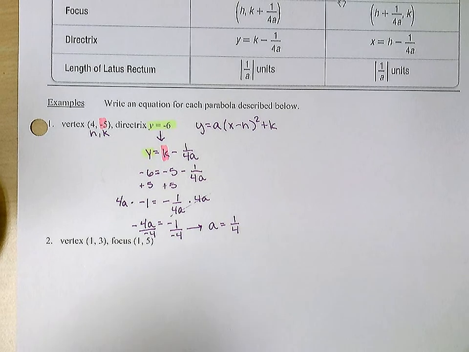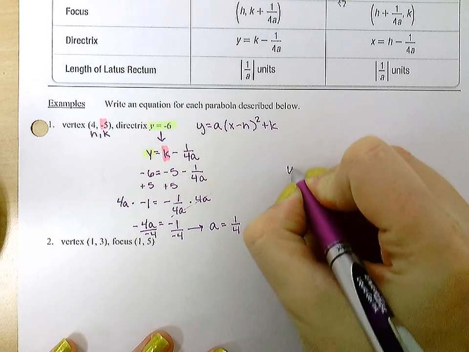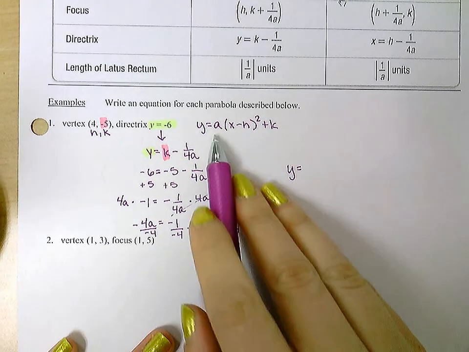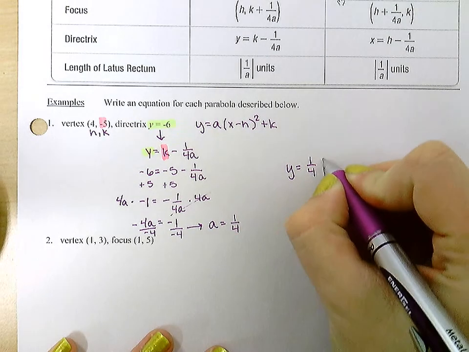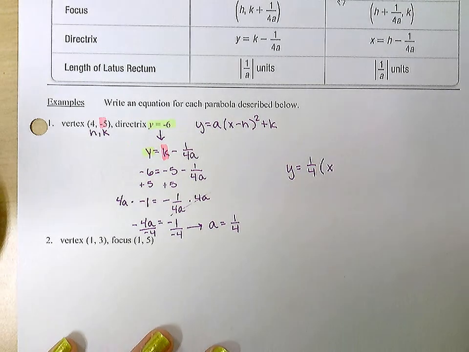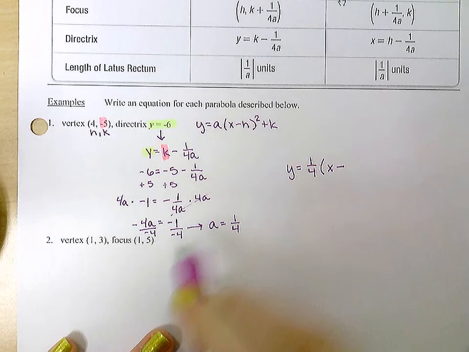So now I have a, h, and k, and I just need to plug those into that formula to write out my equation. So we have y equals, our a value is 1/4, times the quantity of x minus our h value.